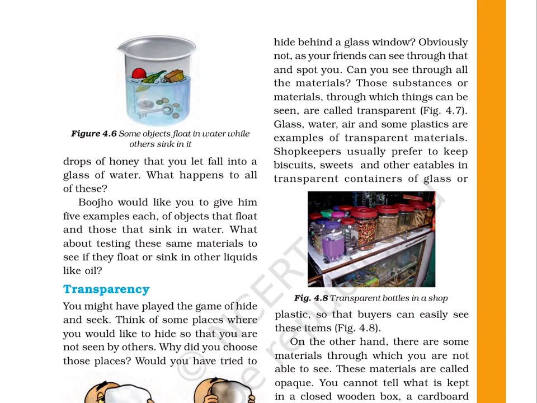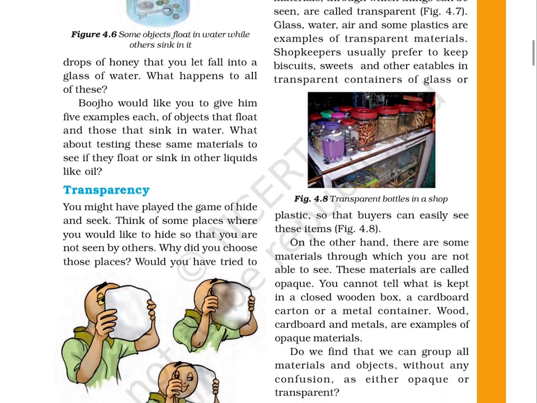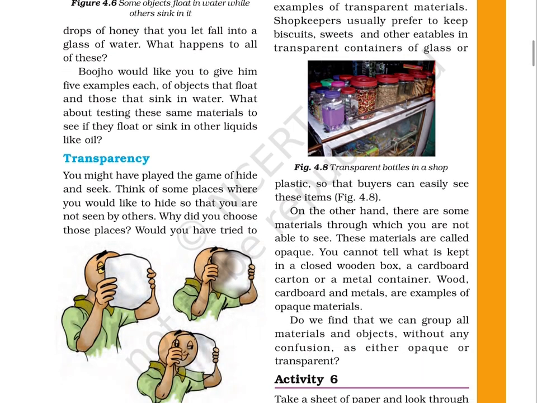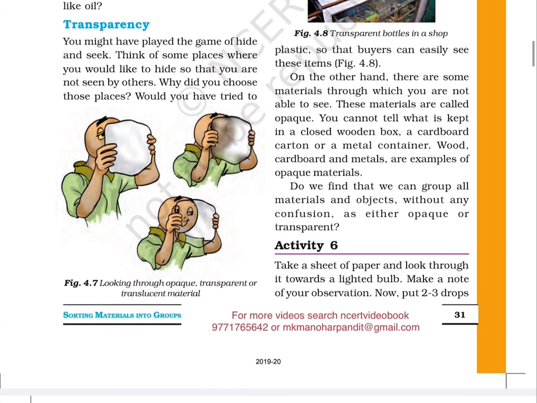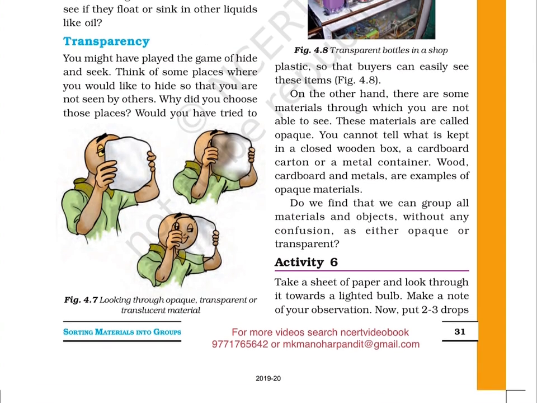On the other hand, there are some materials through which you are not able to see. These materials are called opaque. You cannot tell what is kept in a closed wooden box, a cardboard carton, or a metal container. Wood, cardboard, and metals are examples of opaque materials.